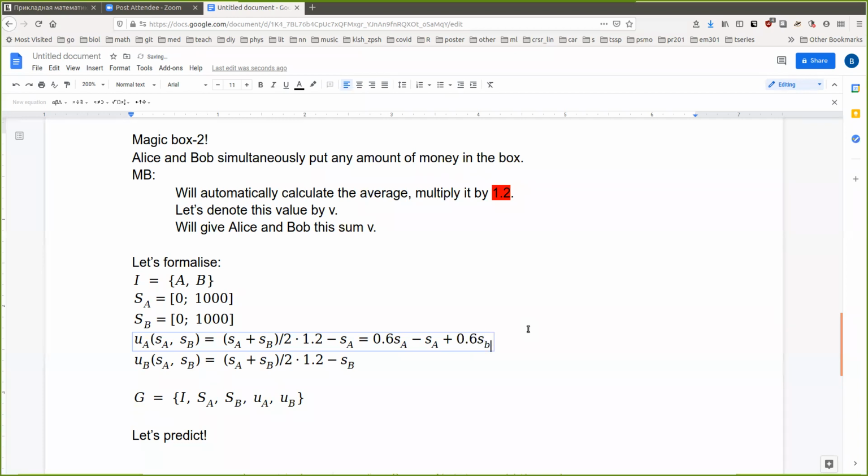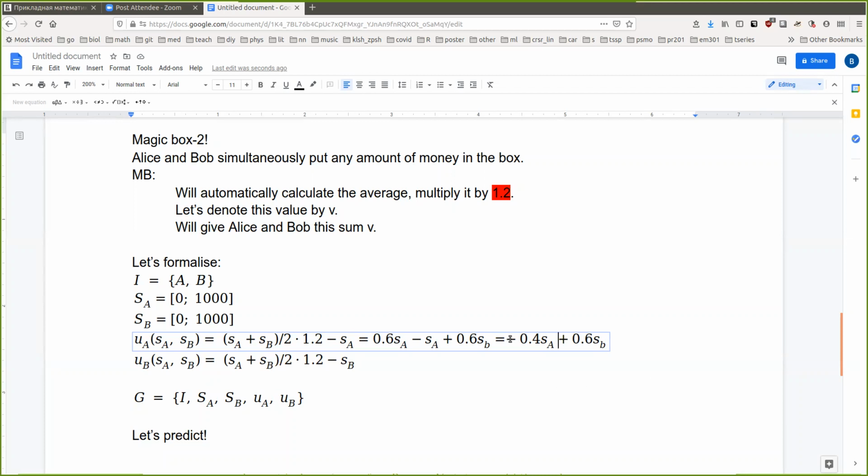And finally, if I simplify this expression, I will get 0.4 minus 0.4 SA plus 0.6 SB.